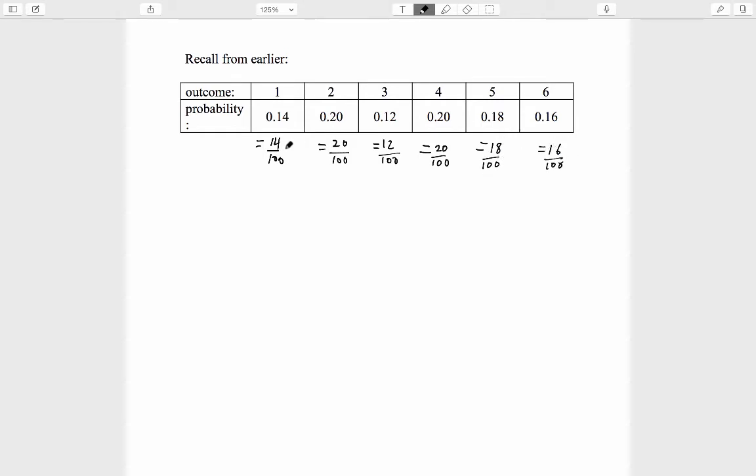Since each of the probabilities is a certain number out of 100, that made 100 a natural choice for the size of the ideal data set, and then from the numerators we could read off that there should be 14 ones, 20 twos, 12 threes, 20 fours, 18 fives, and 16 sixes.